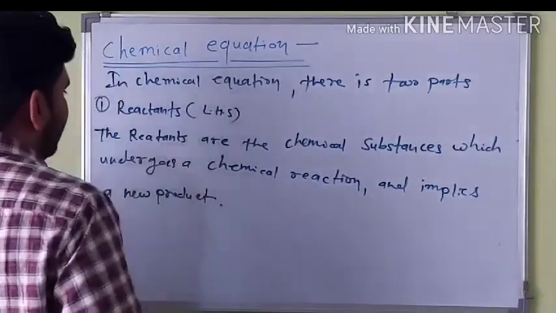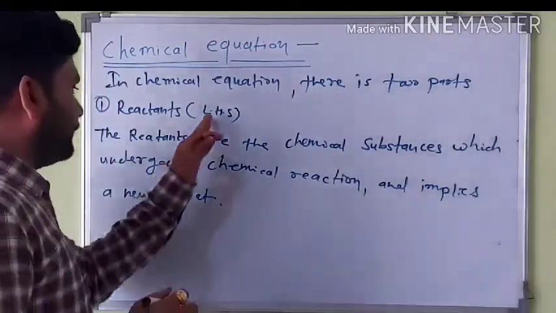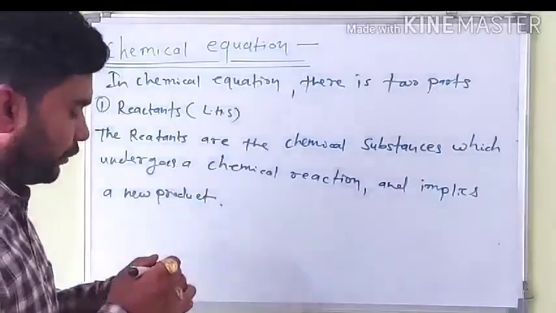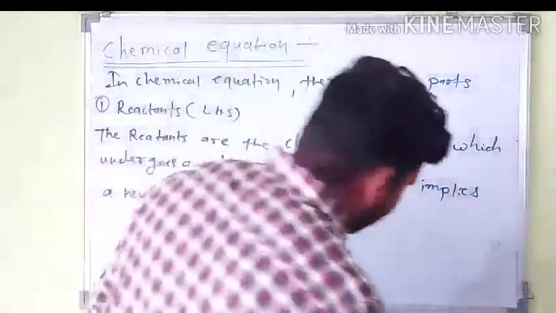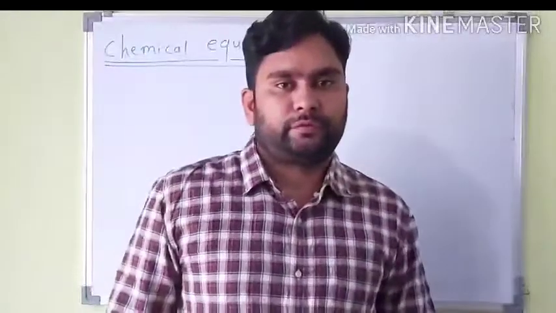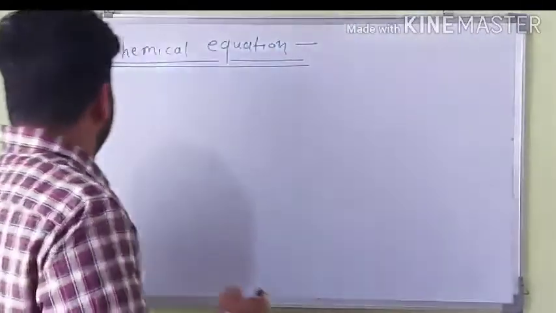They are known as reactants. They are always shown on the left hand side of the chemical equation.